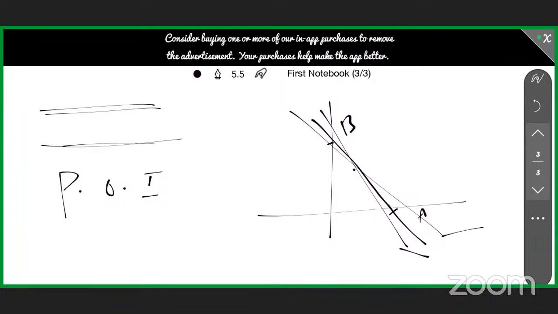Yes, Bhavana, what is the answer? 26 by 3, comma 12 by 7. Once again, repeat the value. 26 by 3, 12 by 7. 12 by 7 is correct.